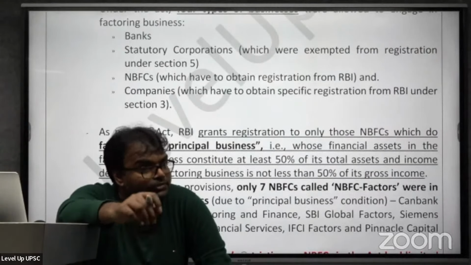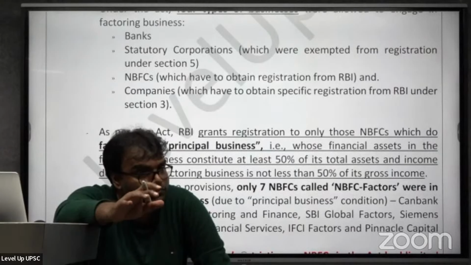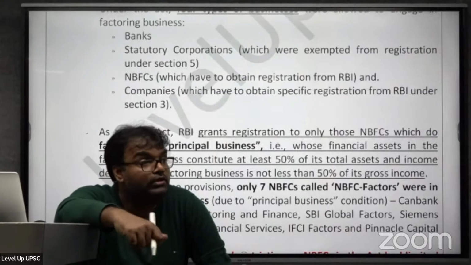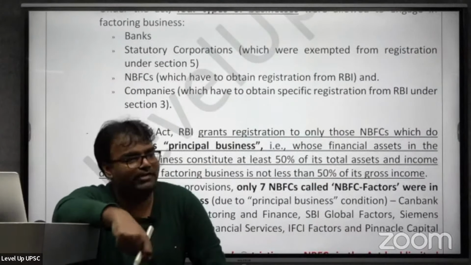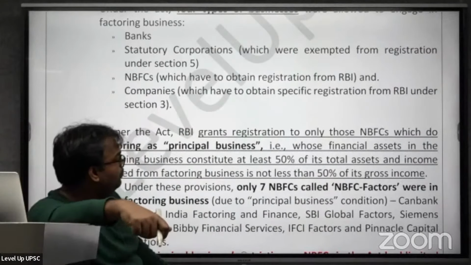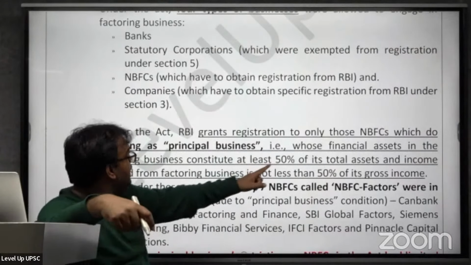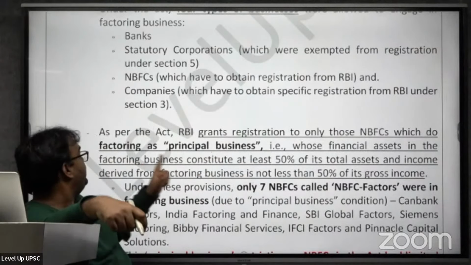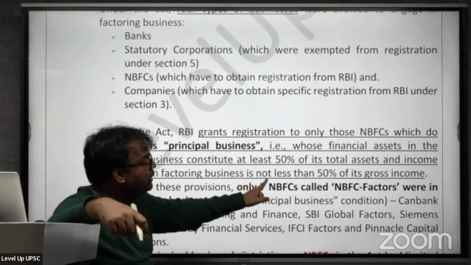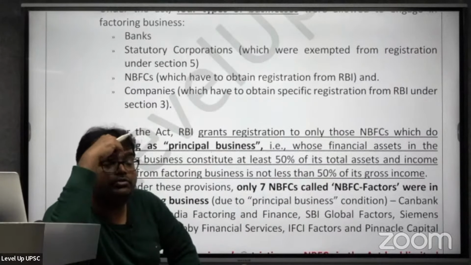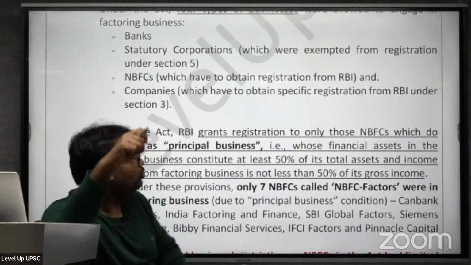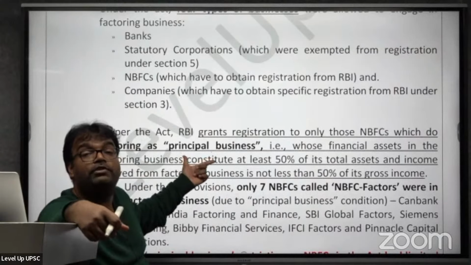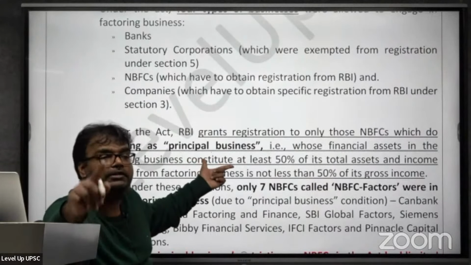The primary reason for which I started this company was factoring. And how would he be able to show it? Most of my income is coming from factoring. So financial assets in the factoring business constitute at least 50% of the total assets, and income derived from the factoring business is not less than 50% of the company's gross income. Those companies would be having principal business of factoring.